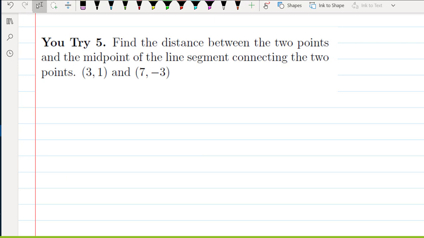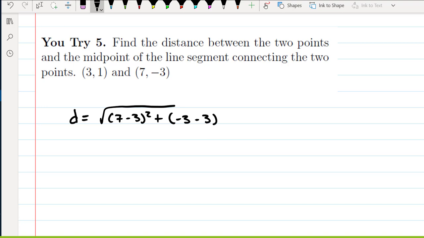All right, so to resolve this, we can use our distance formula. So the distance is going to be x2 minus x1, so 7 minus 3 squared plus negative 3 minus 3 squared. Oh, I'm not doing the right.